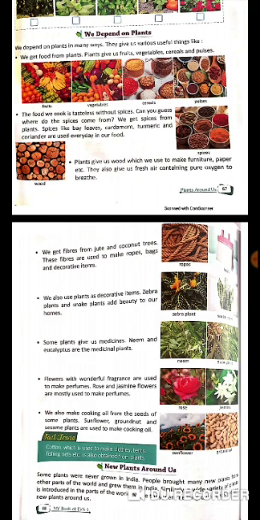Next point, the food we cook is tasteless without spices. Can you guess where the spices come from? We get spices from plants. Spices like bay leaf, cardamom, turmeric, and coriander are used every day in our food.